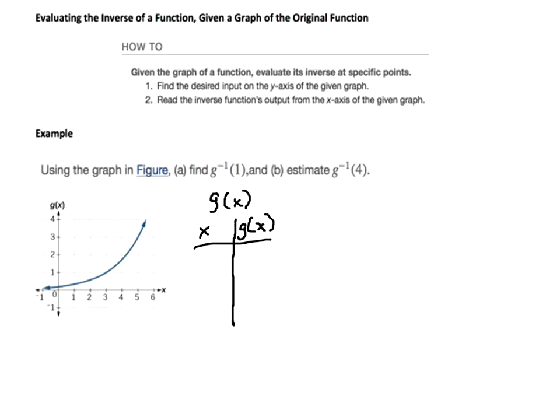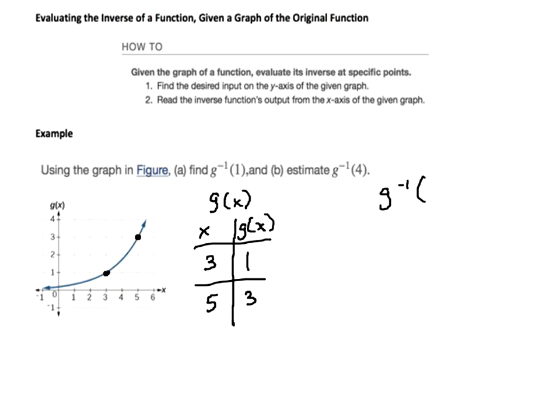It looks like this function travels through the point 5, 3. It looks like it also hits 3, 1. And it looks like those are the only 2 good points for me to work with. So when I input 3, I get out 1. When I input 5, I get out 3.